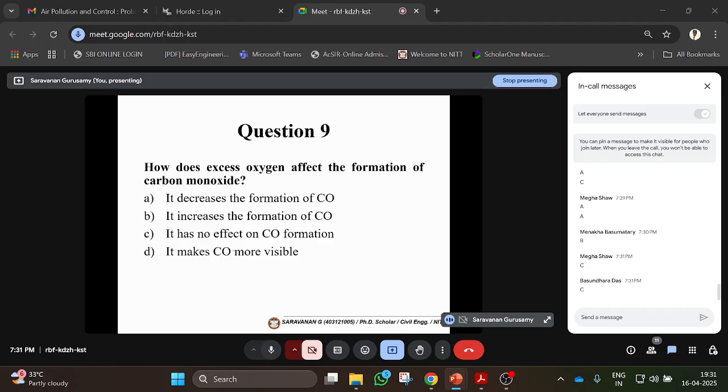Ninth question: how does excess oxygen affect the formation of carbon monoxide? If I am burning fossil fuel or wood with full oxygen, I will get CO2.